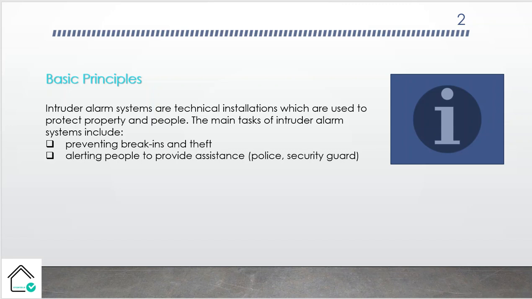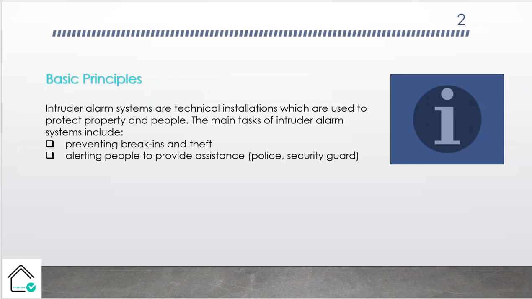So what is a basic principle? Intruder alarm systems are technical installations which are used to protect property and people. Okay, we want to increase the security in the building. We want to provide the appropriate safety for the inhabitants of the buildings. The main tasks of an intruder alarm system include preventing break-ins and theft.